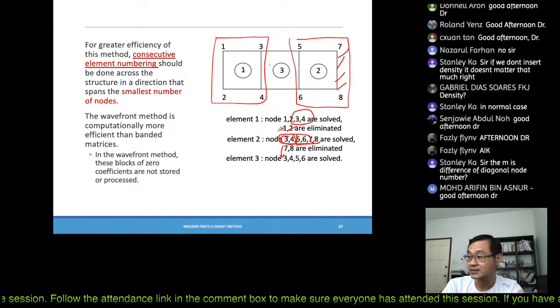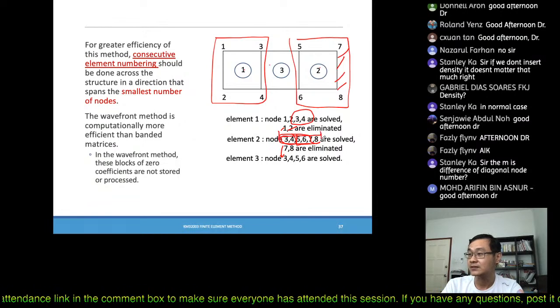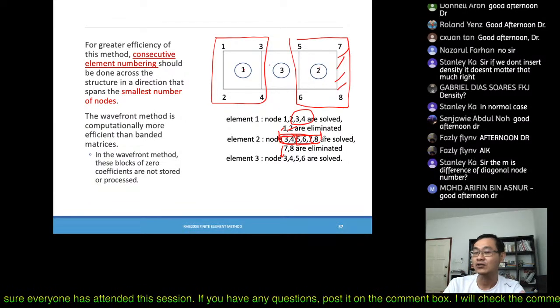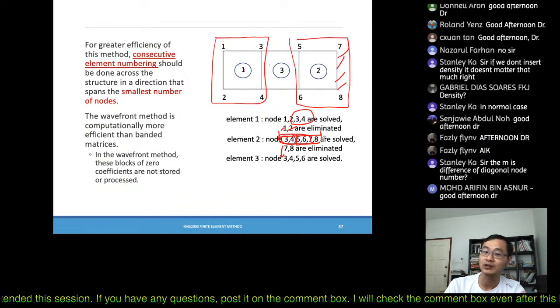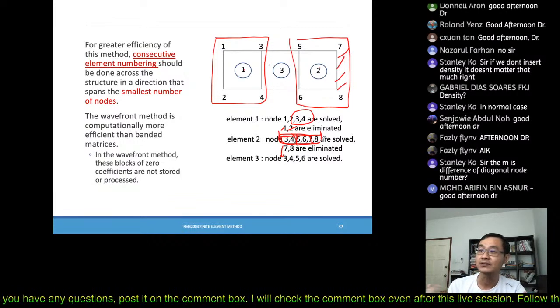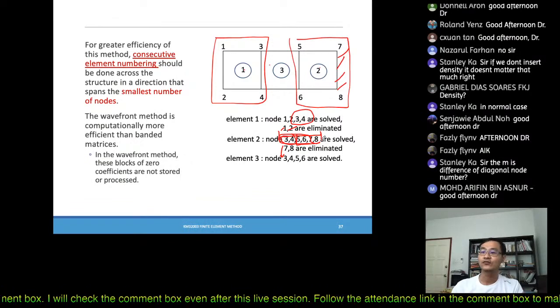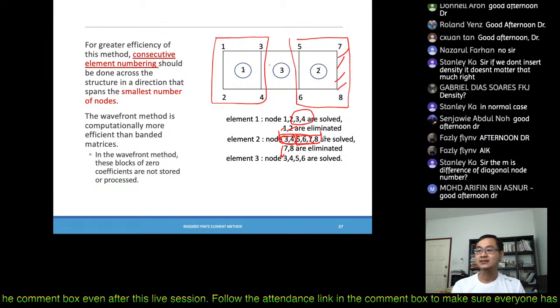Then you can see that this assembly of the equations now consists of 6 nodes, instead of previously 4. That's why the numbering of the elements now becomes important in this so-called wavefront method.